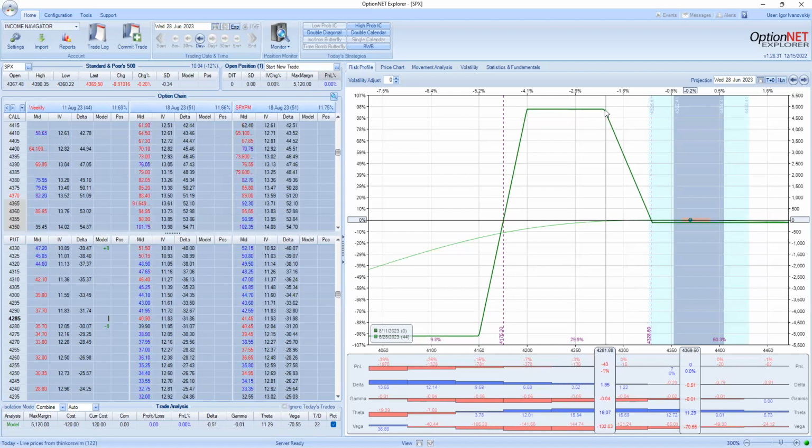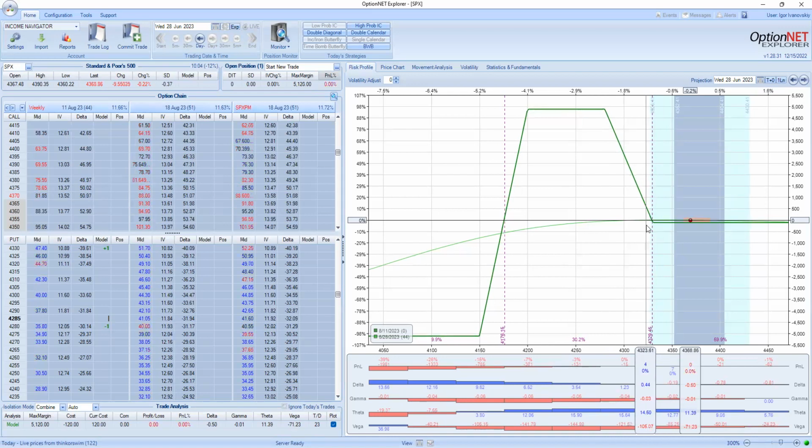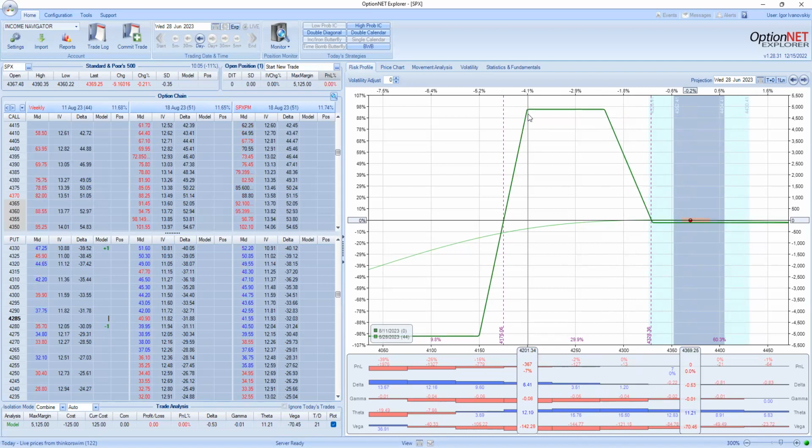If we're somewhere inside or between the 42.80 and 43.30, we just have to figure out what the long option is worth at expiration minus $120 debit, and that's what this trade is worth at expiration. Same thing on the other side. If we're somewhere between 4,200 and 41.50, or you can say the downside break even.